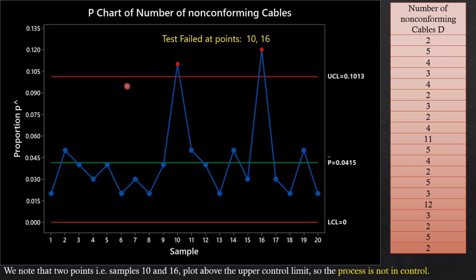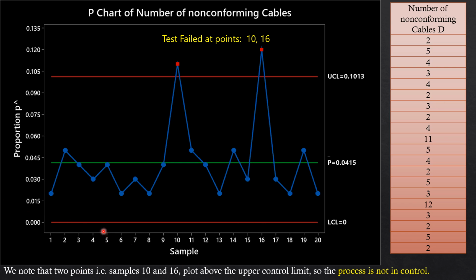Now this is the P chart for the number of non-conforming cables. We got this chart from Minitab software, and in that we used this data, that is the number of non-conforming cables, D, and the total samples, and we used N equal to 100 to prepare this chart.